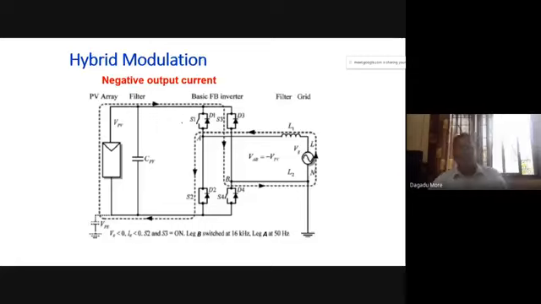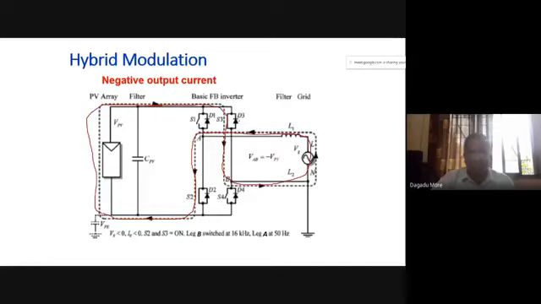This will be our negative output current. S3 is on, so our current will go through S3 to the point B. From the grid, it is feeding power, it comes to the point A, and S2 is closed. So power is flowing from the panel to the grid again. But S2 will remain on for 20 milliseconds.